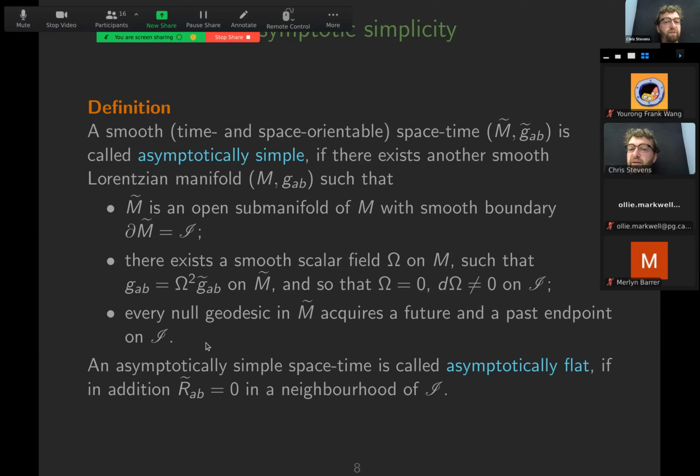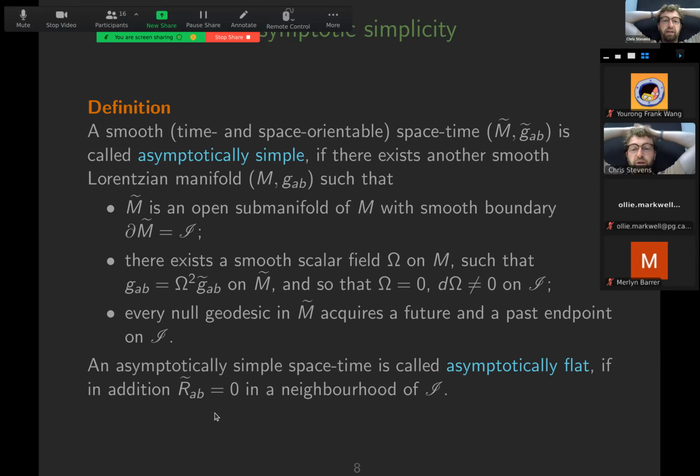Finally, we say that every null geodesic acquires a future and past endpoint. This has to be weakened slightly for black hole spacetimes, for example, which is called weakly asymptotically simple. The simple here really means what cosmological constant we have. If it's flat, then the physical Ricci tensor vanishes close to scri.